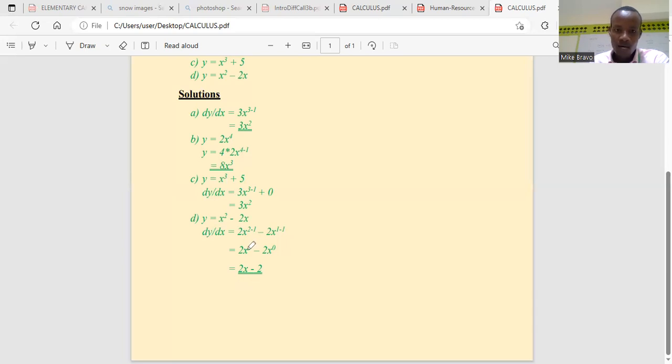We don't have to write this one here. 2x minus 2, because this is 2x power 0. x power 0 is the same as 1. So it is like 2 times 1, which is 2. So our derivative is 2x minus 2. That's how you differentiate a function with respect to x.